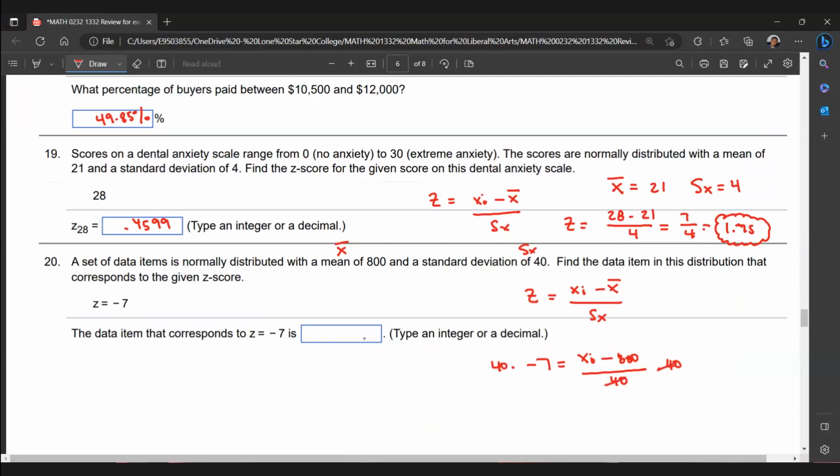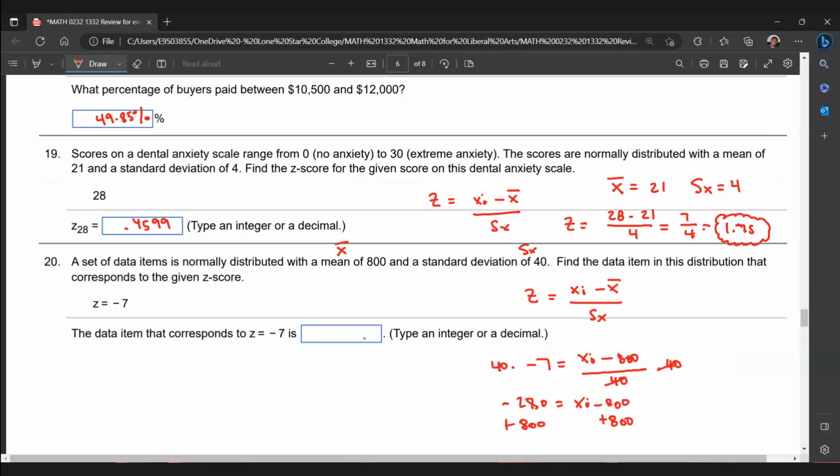That will be -280. And in this case, we add 100. Adding 100 will isolate the data score.